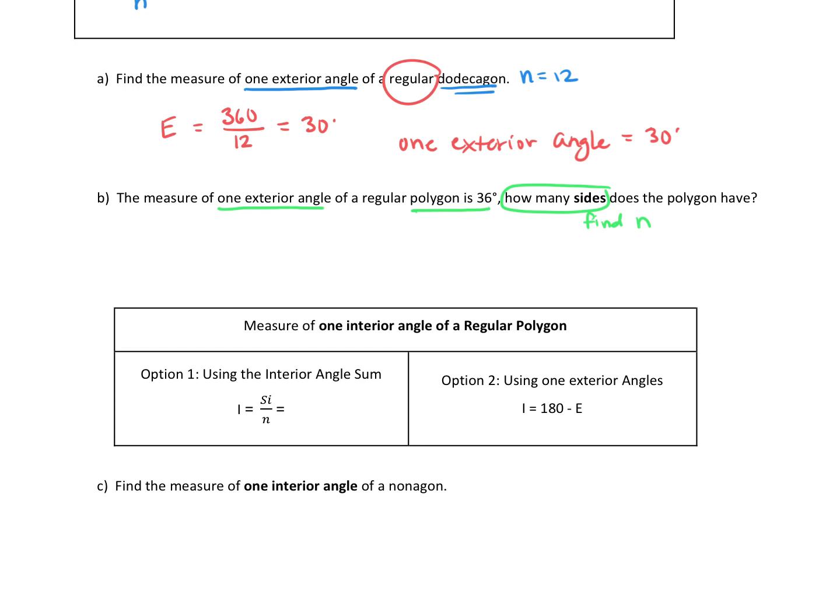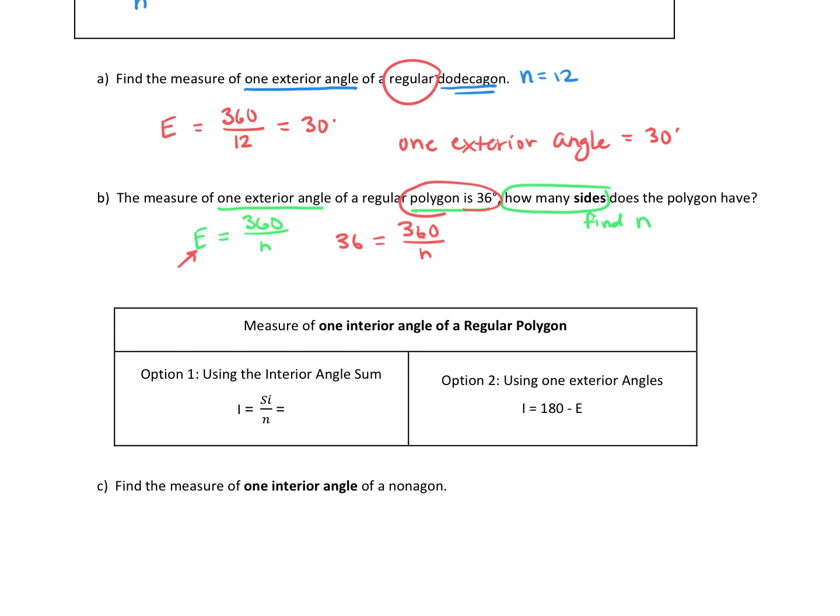Because they gave us one exterior angle, let's use our exterior angle formula. One exterior angle is equal to 360 degrees divided by n. They told us one exterior angle is 36, so we're just going to plug in 36 for one exterior angle. 36 equals 360 divided by n.